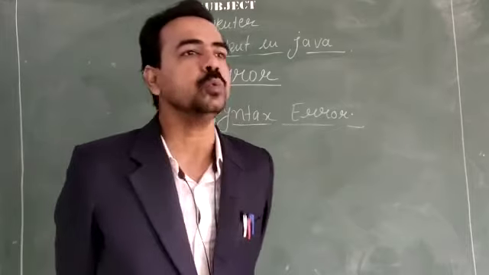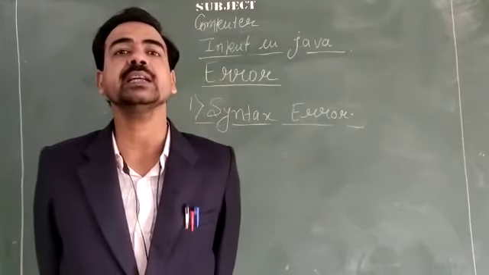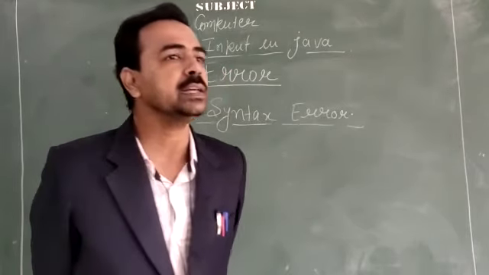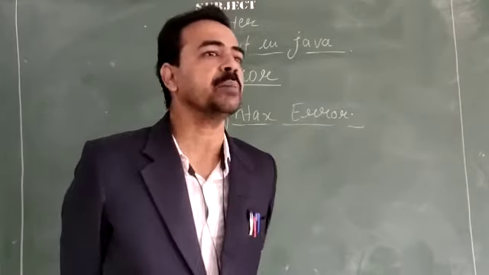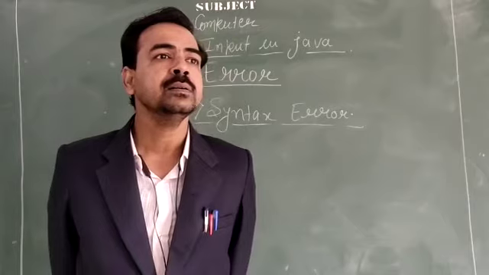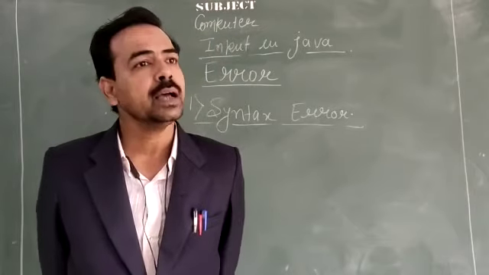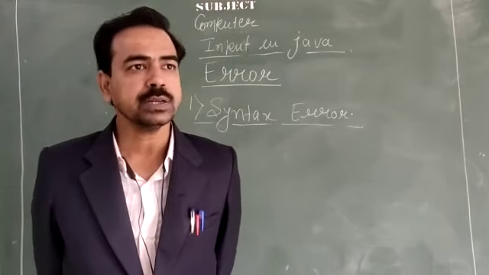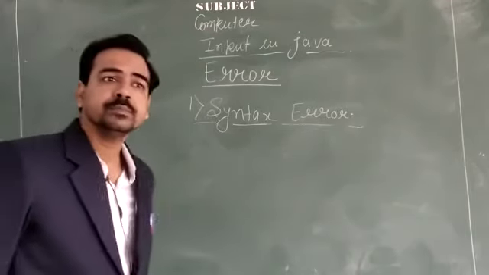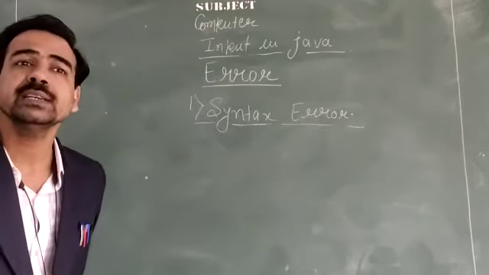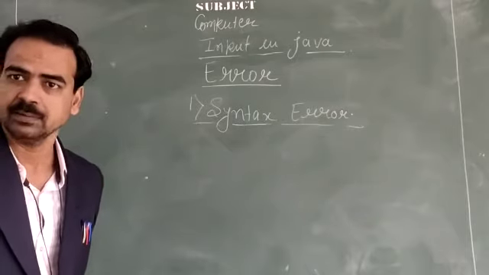So this is the rule. This is the syntax of writing a statement in Java. And if someone has skipped the semicolon, then it will generate an error. Got it? So what do we call this error? This error is known as syntax error.